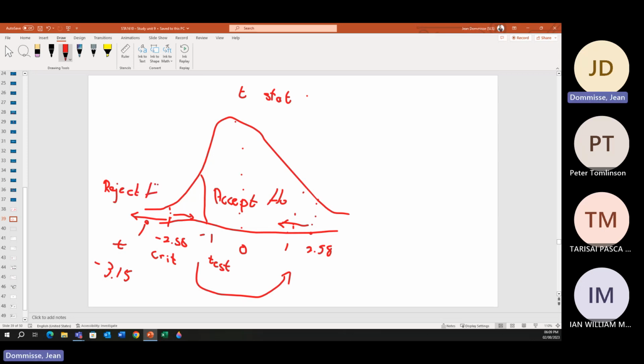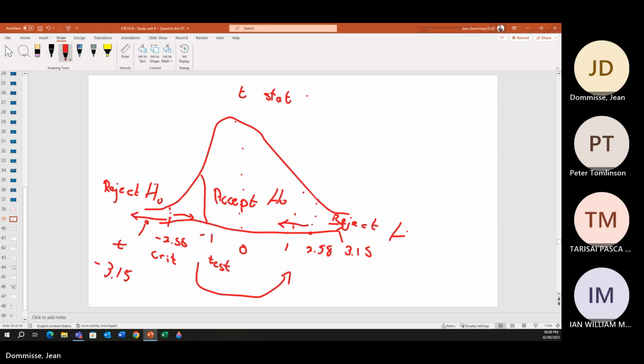Again, on the positive side, if my t-stat was 3.15, it's bigger than your critical value, so I would reject the null hypothesis.